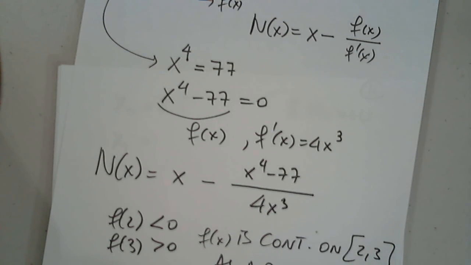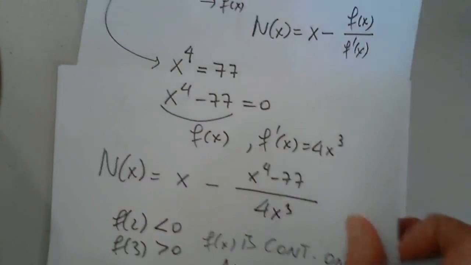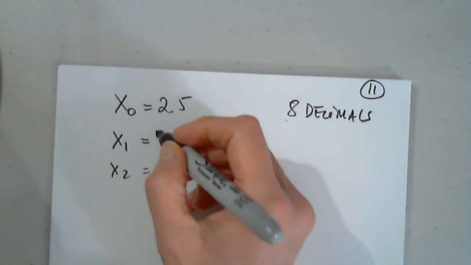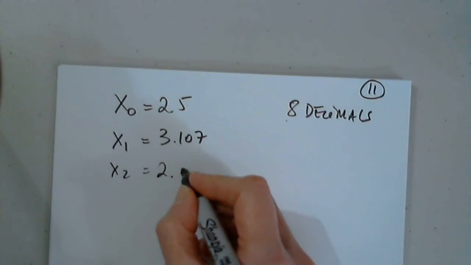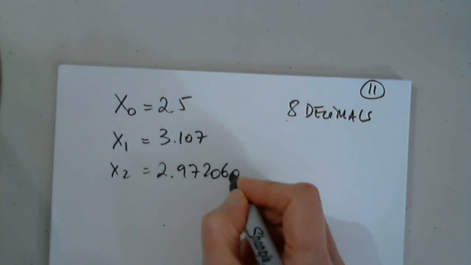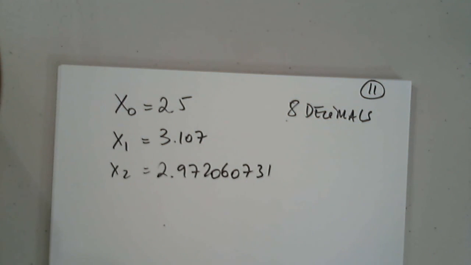So now we plugged in 2.5 in the function we got. Let me write this down. So the first iteration, x1, is 3.107, fine. And here's our second one, x2, 2.9720600731. And now all I have to do is just second and entry.